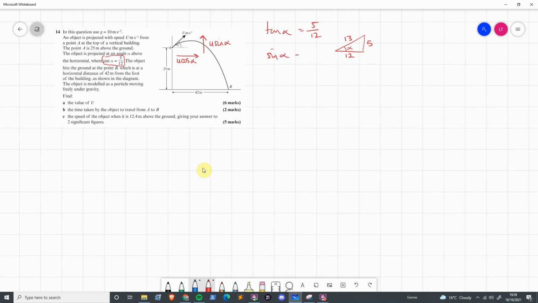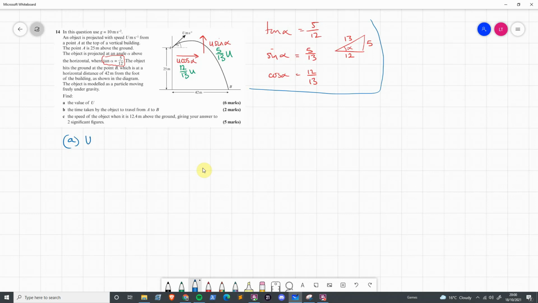So sine alpha is going to be opposite over hypotenuse, and cos alpha is going to be adjacent over hypotenuse. I therefore know that I can call this 12 over 13 u, and I can call this 5 over 13 u. So I don't have to mess with sines and cosines anymore at any stage. So that is everything from the question. Let's just crack on with it.